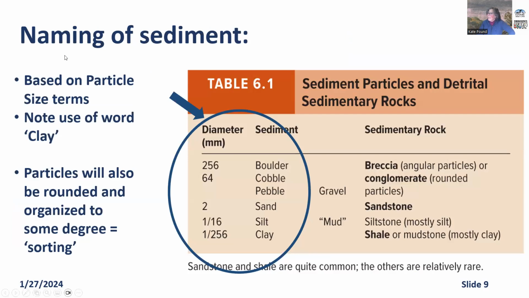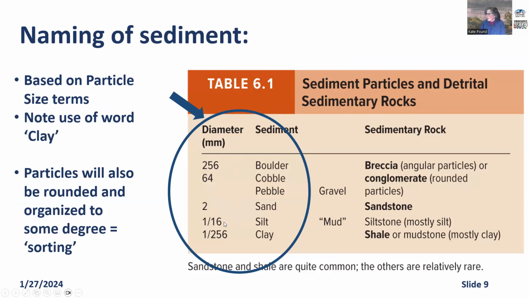So how do we name sediments? Well, the primary way we name sediments is through the use of particle size terms. If you look over here to this table, we use the diameter of the grains, and there is a systematic increase in the diameter of the grains.